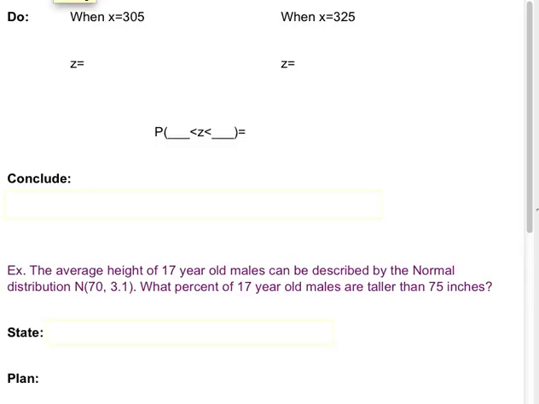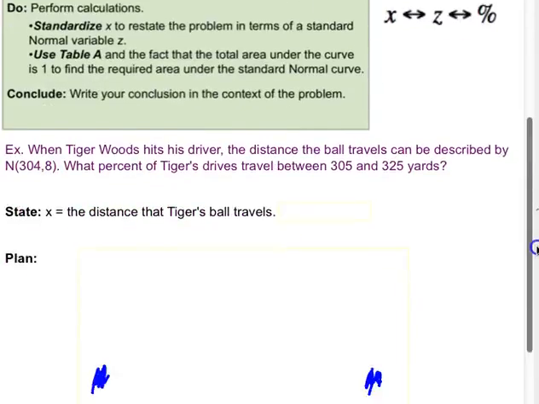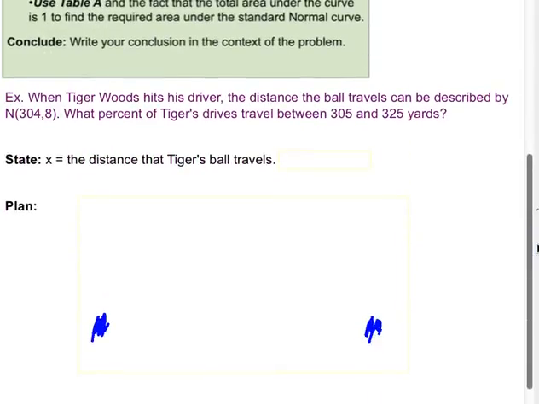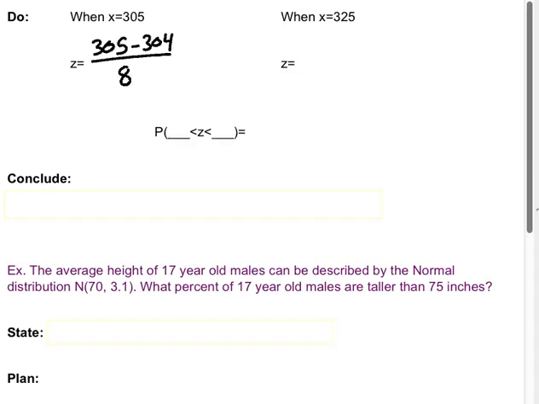Well, remember, you take your observation minus the mean divided by the standard deviation. It was 8. So divided by 8.